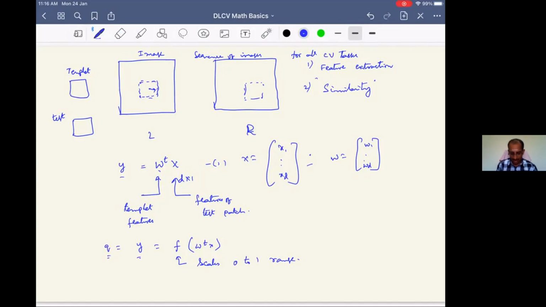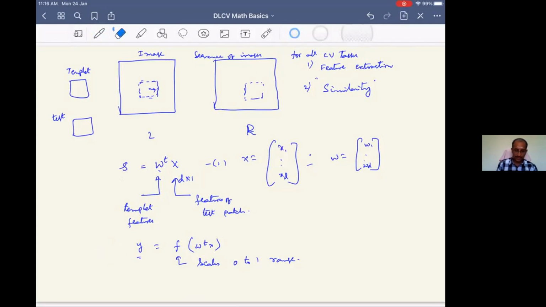Yes, Y, or Q, gives the probability with which the template and the test sample match. So I can use this analogy either to find the probability of a match or to find the score of the match. Hope both are clear to you. To distinguish, we can write the score as s and the probability as y.